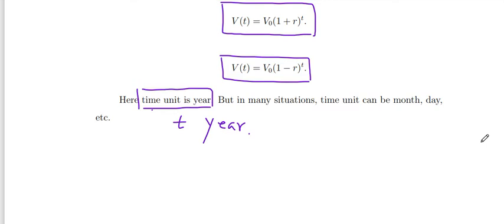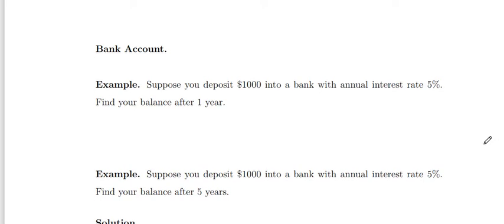But in some situations, the time unit can be months or days, not always years. A typical example is our bank account. Like I deposited money into the bank today, then after some time I wanted to take my money out. So here the time period is determined by me.